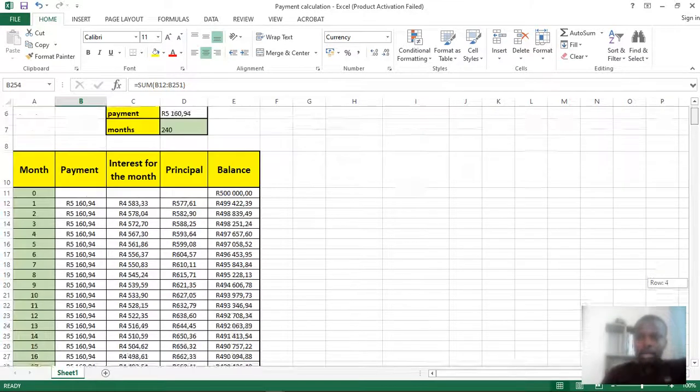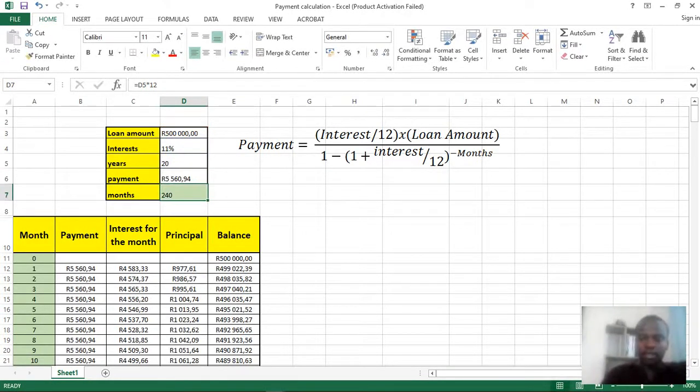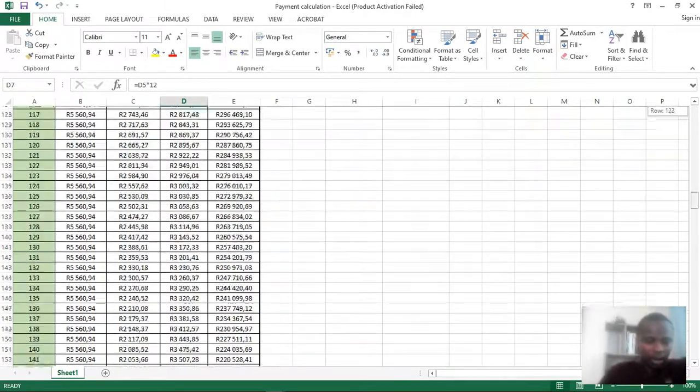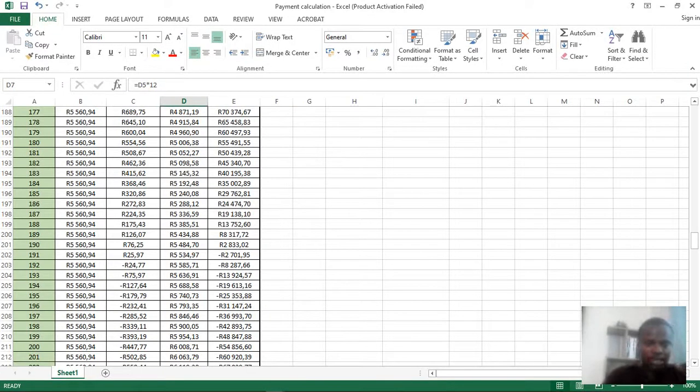But what if you still continue paying that extra 400 rand, regardless of the fact that the bank has decreased your interest rate?